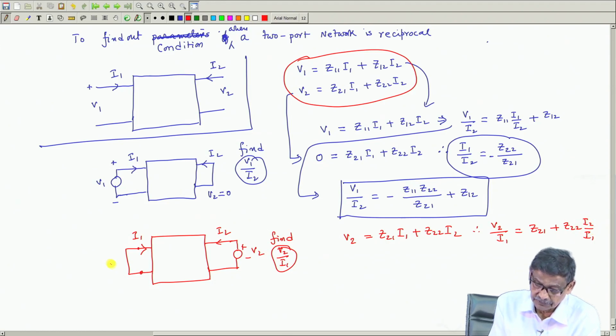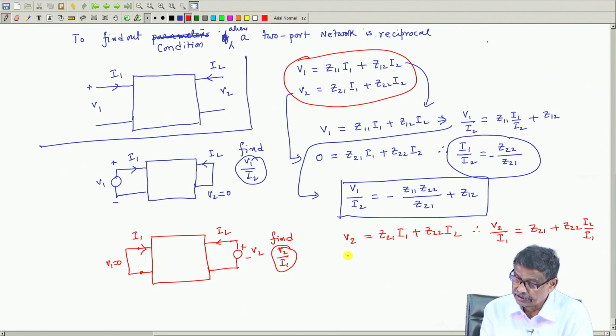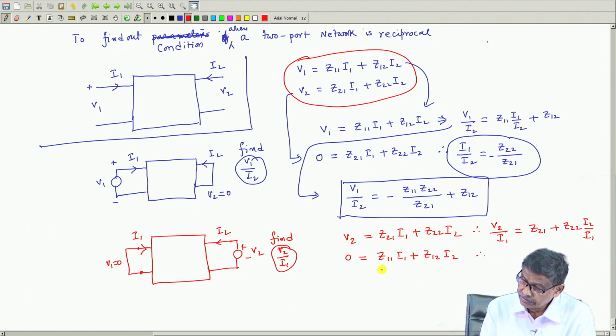From the first equation, V 1 is equal to 0. Therefore, 0 is equal to Z 1 1 I 1 plus Z 1 2 I 2, and from this I will get I 2 by I 1 equal to minus Z 1 1 by Z 1 2.